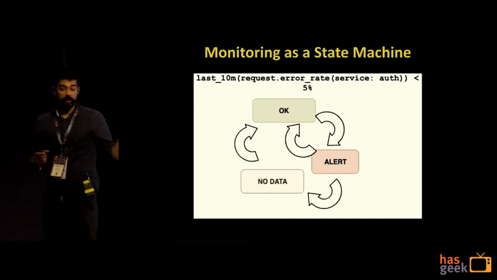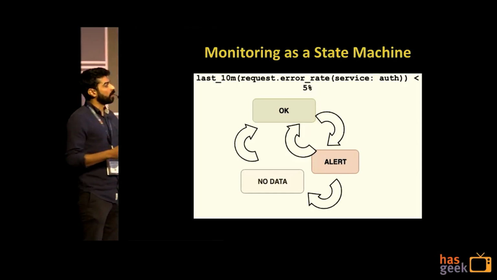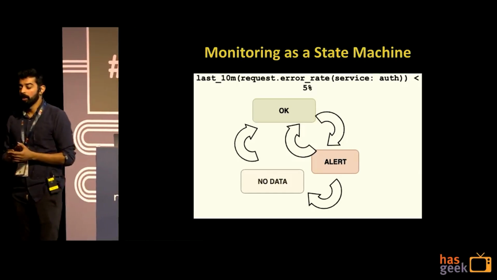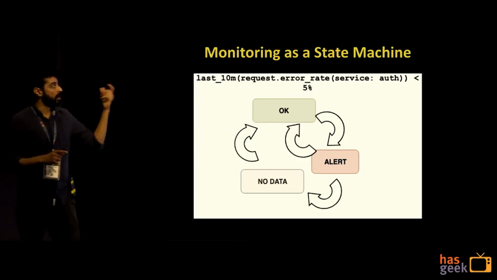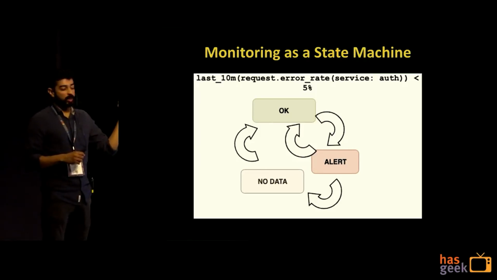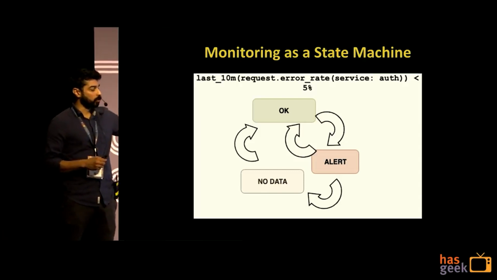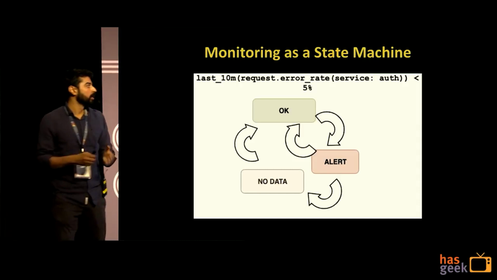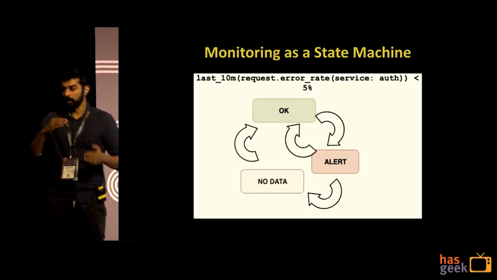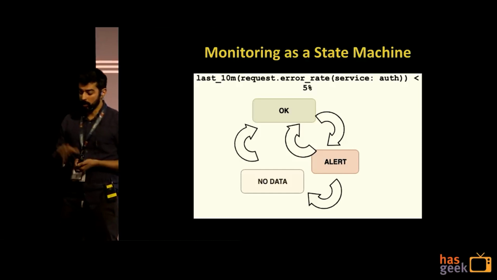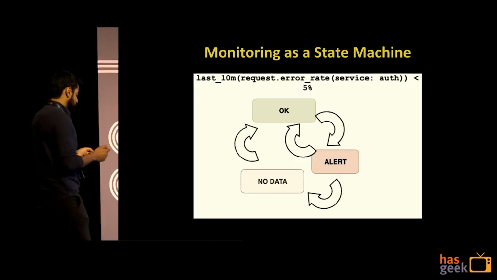There's also a rather interesting state here, where despite having some amount of data, there may not be a full window of data to evaluate whether the error rate is actually below 5% or not, in which case this particular alert definition would transition to a no data state. So we have OK, we have alert, we have no data, and these are the three states that are being transitioned between by the state machine, all in response to external stimulus.